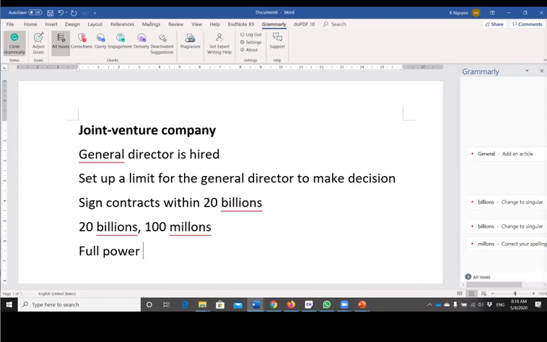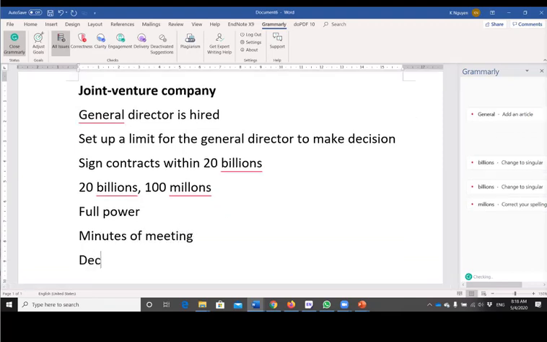And that is also mentioned in the minutes of the meeting or the decision of the board.